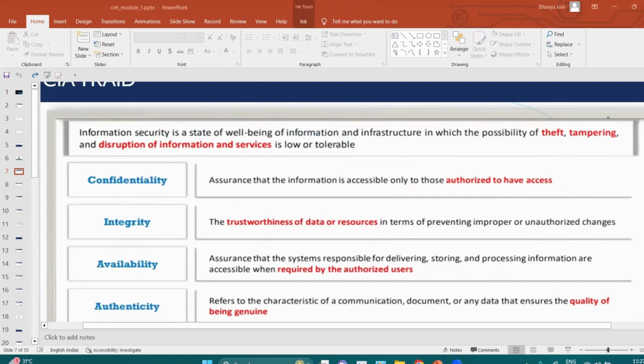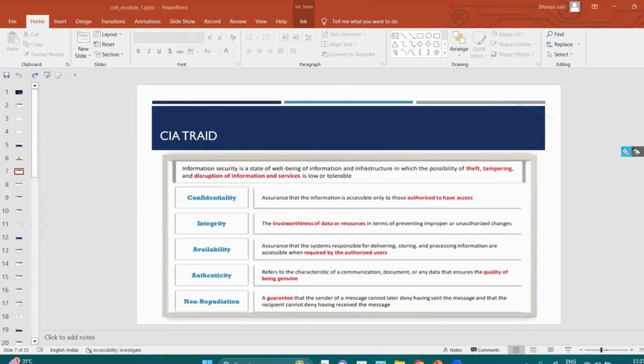And there's one more thing: if we want to secure our data, because data is everything, we have to secure the data in three states. The first state is when the data is stored, when the data is in storage.